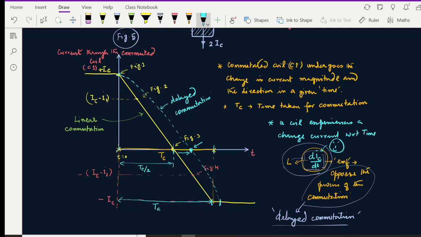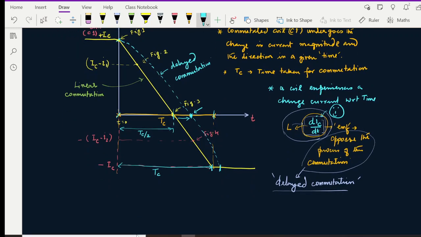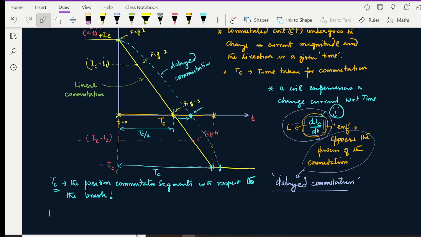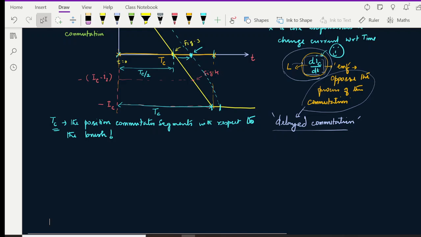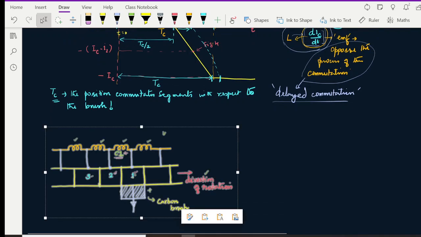TC also represents the position of commutator segments with respect to the brush. TC also represents the time taken, the traveling time of the commutator from one place to another place. That can be explained here.